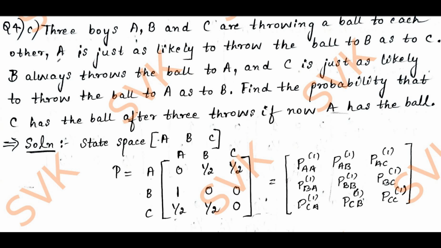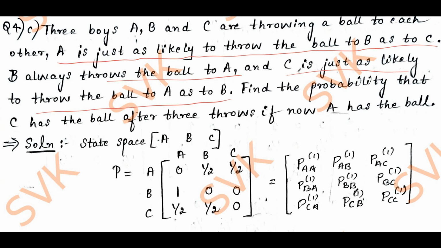A is as likely to throw the ball to B as to C. So A throws the ball to B and also to C. Next, B always throws the ball to A. The only chance factor is B throwing the ball only to A. C is just as likely to throw the ball to A as to B. So C will throw the ball to both A and B. This is the scenario that has been taking place.